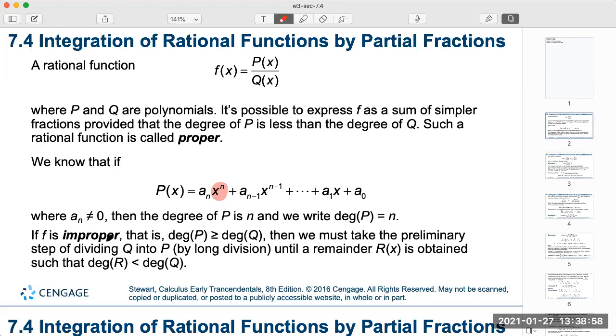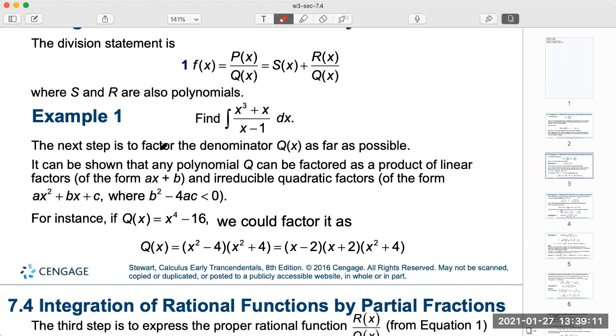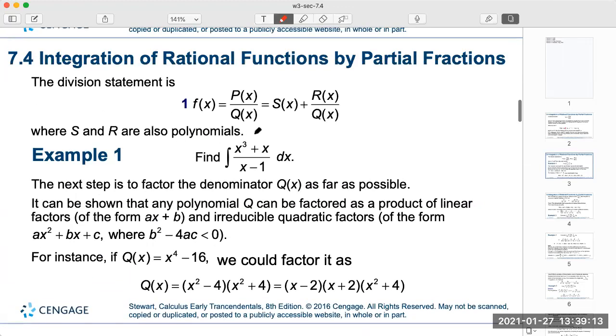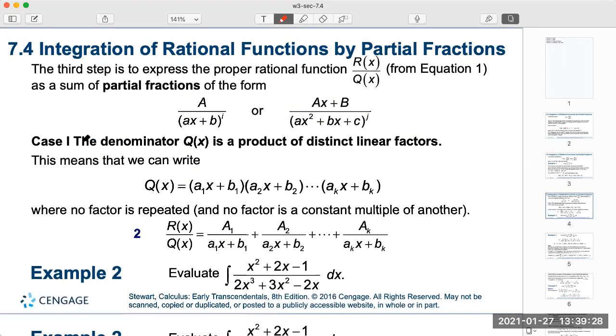Let me quickly go over everything in the section, and we go to details later. If it is improper, we can do long division to write another form of the function f. That is the first thing we study.